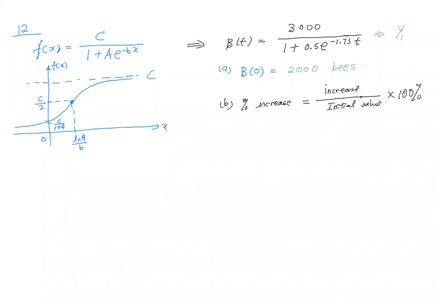So the increase will be after 1 month. So the time is in month. So B1 minus B0 divide by B0 times 100%. You can just write down like that.